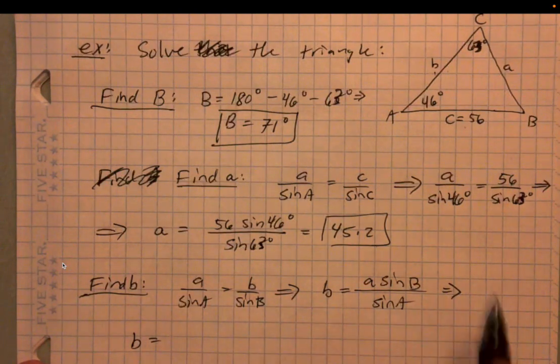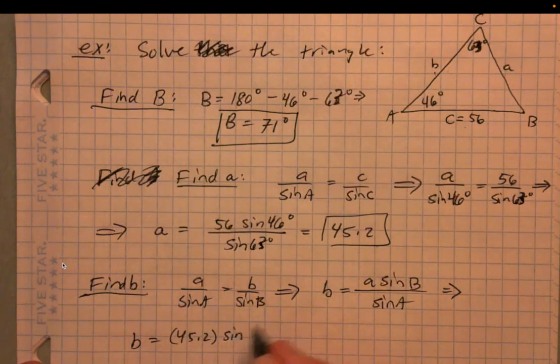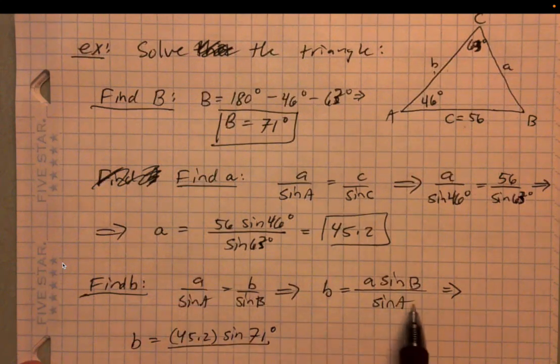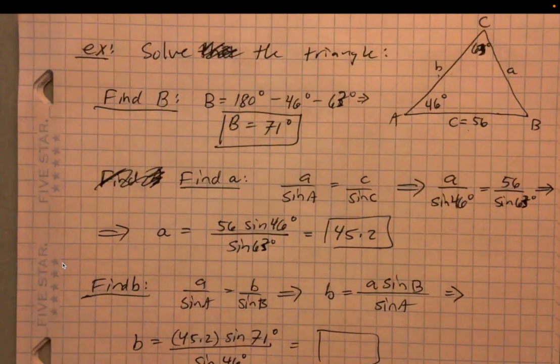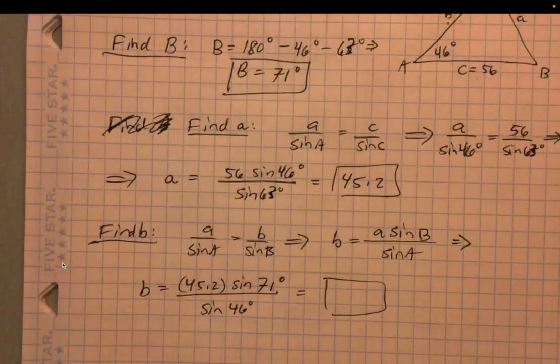So B is equal to A, which we just found to be 45.2, times the sine of B, which appeared to be 71 degrees, divided by the sine of A, which is 46 degrees, right? And so you can figure that one out yourself. Okay? So that's an example of how to use the law of sines to solve a triangle, so we can get all three pieces. Okay, very good.